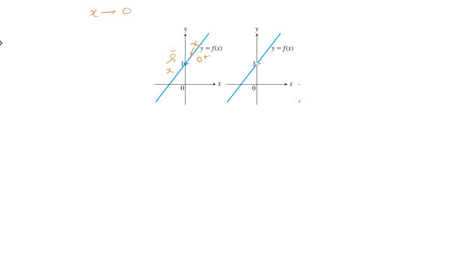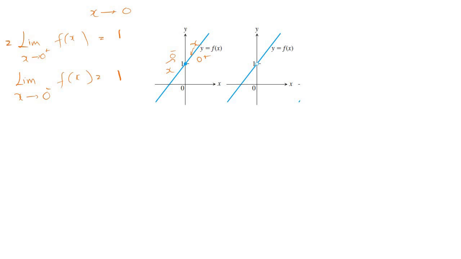We see the limit as x tends to 0 from the positive side of f(x) is equal to 1, and the limit as x tends to 0 from the negative side of f(x) is equal to 1 as well.